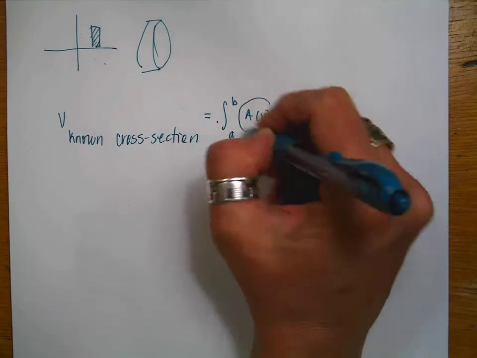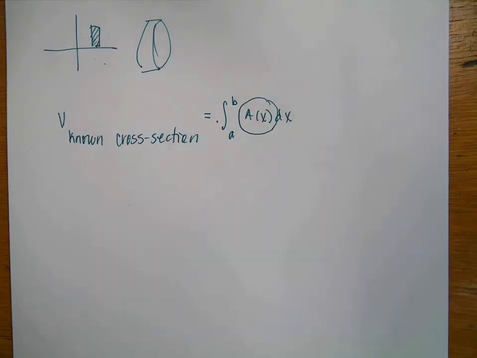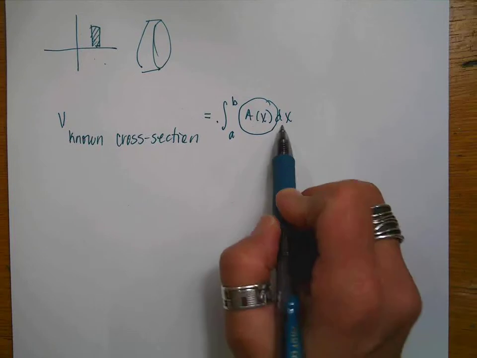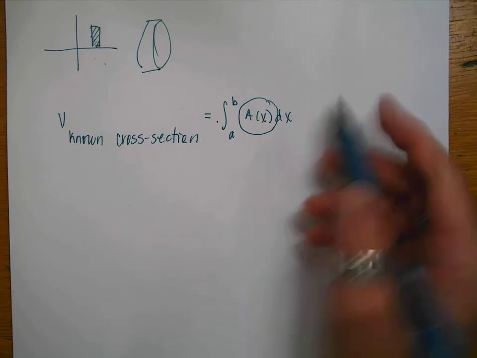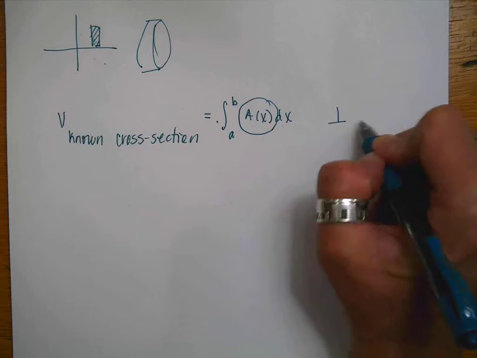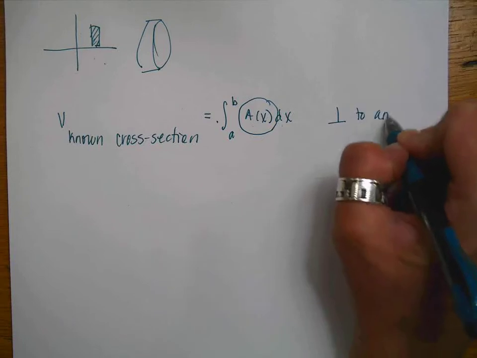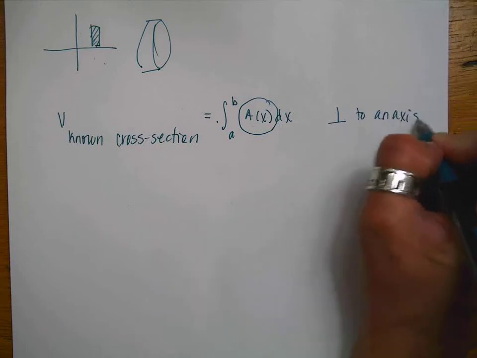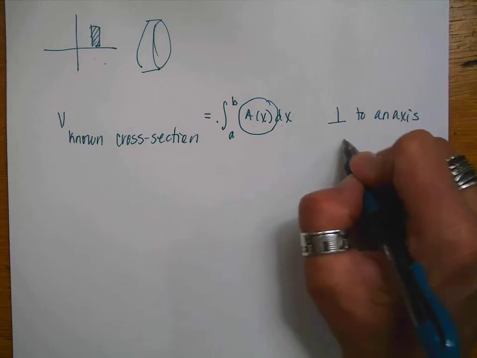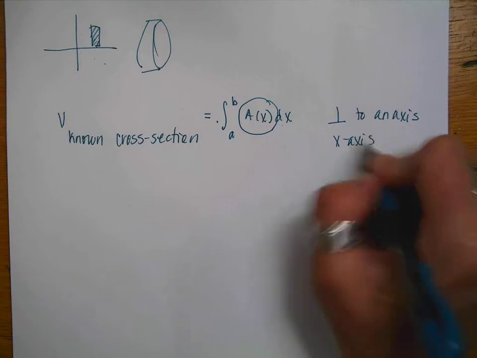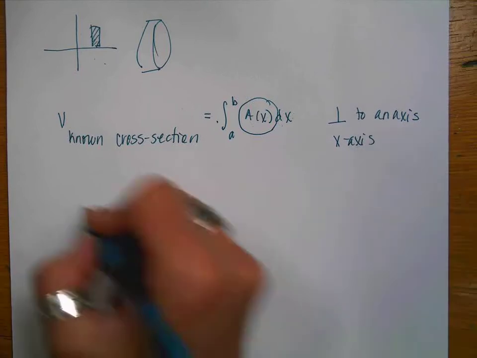With a known cross-section, I'm going to take the area, use whatever area formula is relevant, and then dx. Remember that my cross-sections are going to be perpendicular to an axis, and this one would particularly be the x-axis because I have a dx.